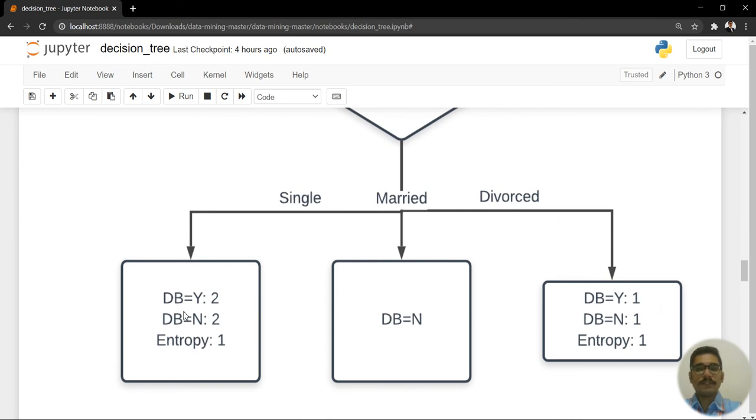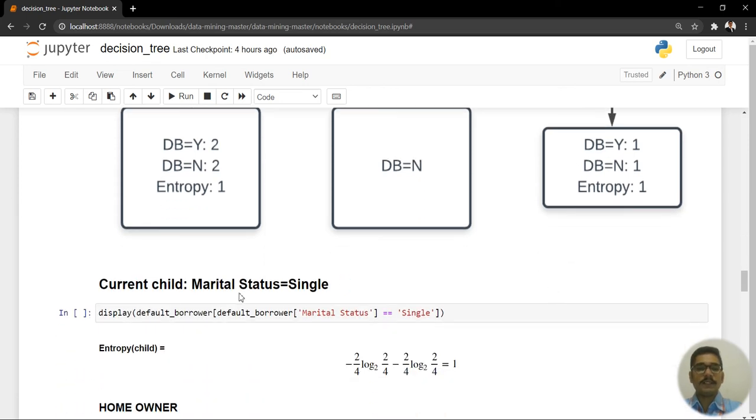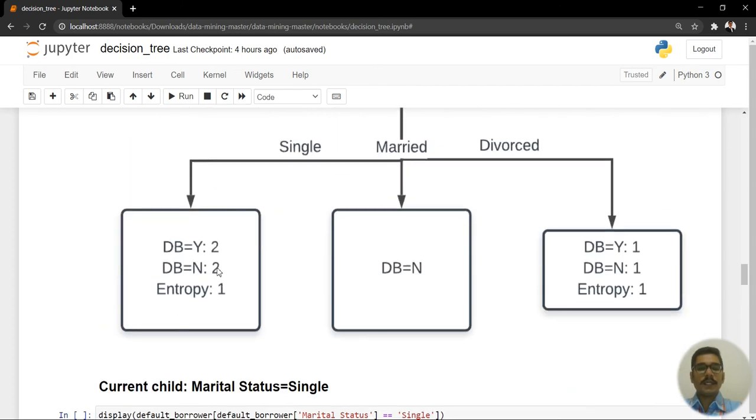I have some impurities which are present here. So again I check now. I first move on to the left branch, and I see there are equal numbers of partitions. Whenever you have equal proportions of instances in both the classes, your entropy will be 1. If any of them is 0, that means the entropy is 0.